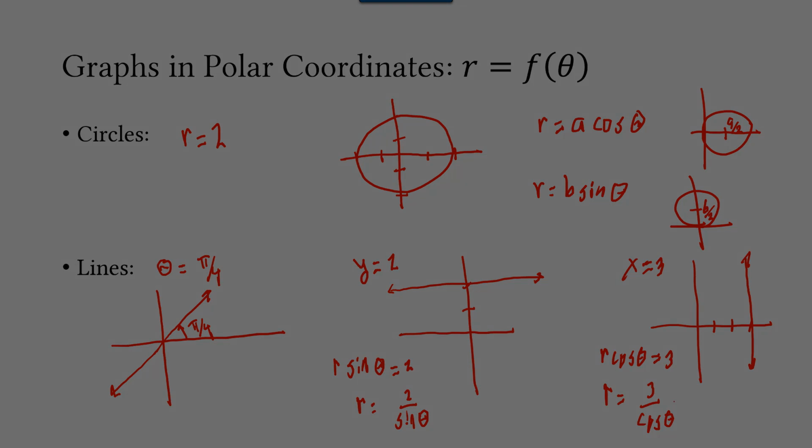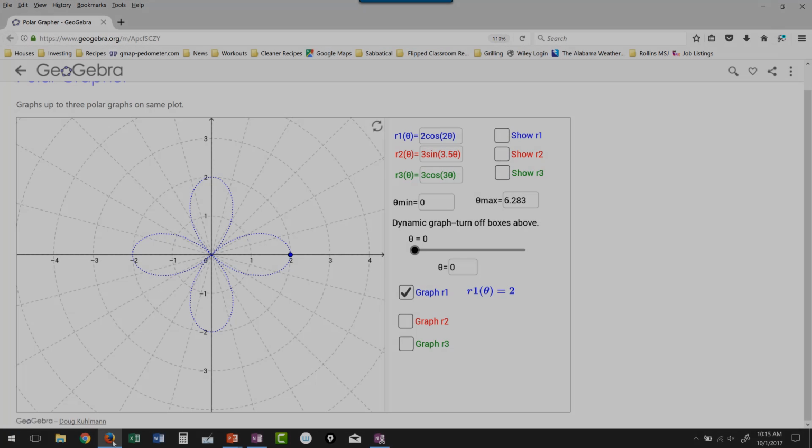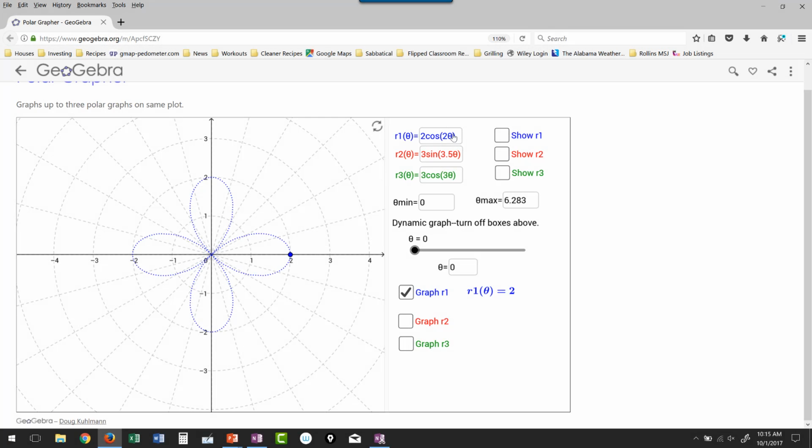I've included a link in the PowerPoint to a grapher that'll help us visualize some of the more complicated graphs in polar coordinates. This is an applet that allows us to graph 3 polar equations at once.